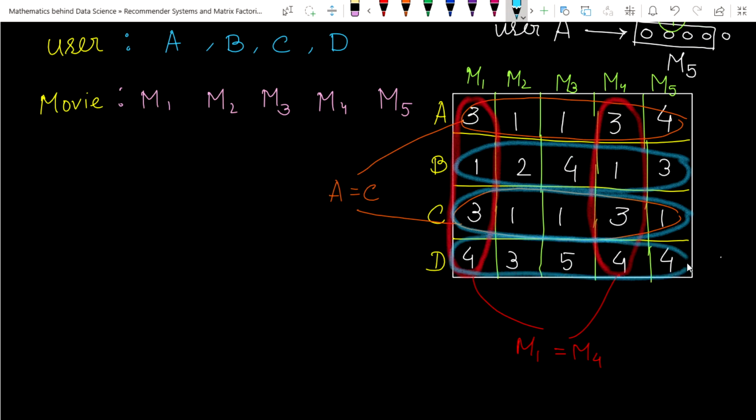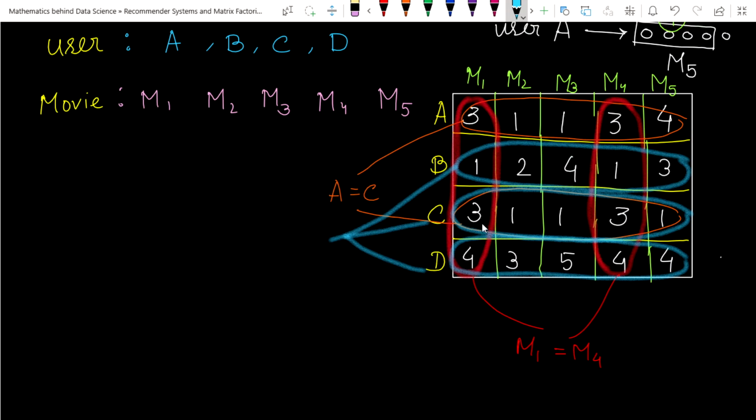If you sum up the B row and C row, then we get the D row.